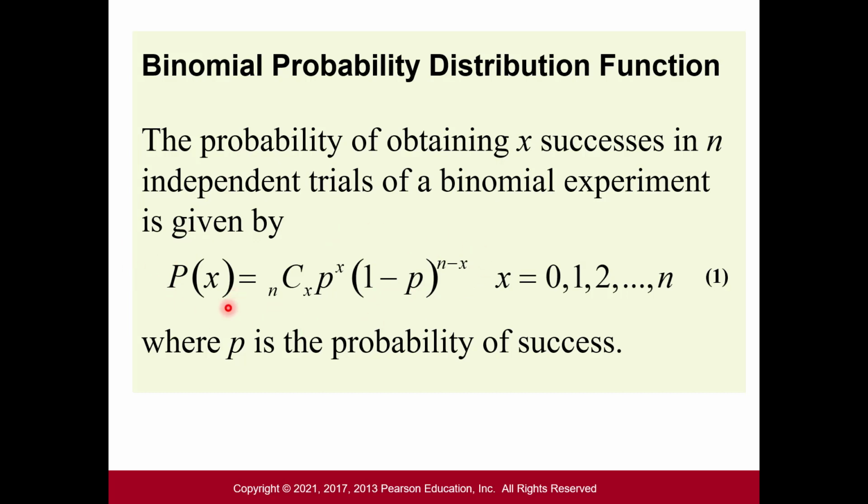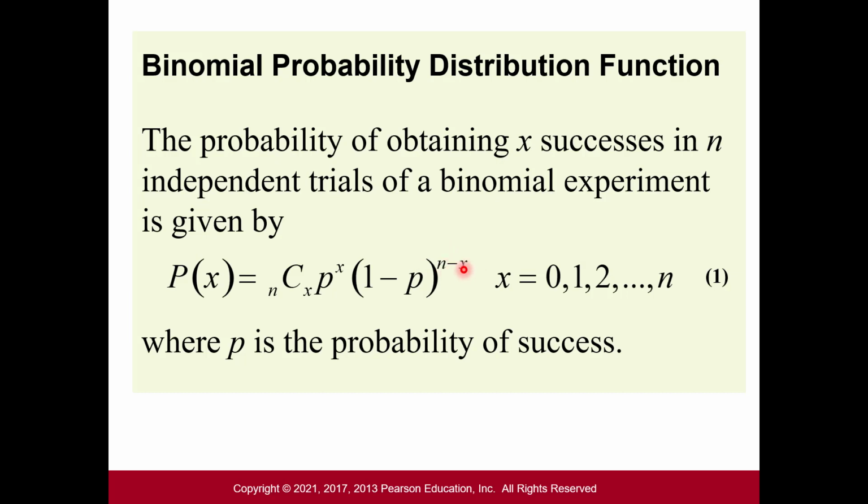So what this says, and we've seen some of this in the past, probability of x equals, this was our combination formula from the past. So n choose x, we had a formula for that. You can also use a calculator for that, but this is n combination x, times, so there's an invisible multiply sign here, times your probability raised to the x power, and then times that by the complement, or 1 minus the probability, and that's being raised to the n minus x power.